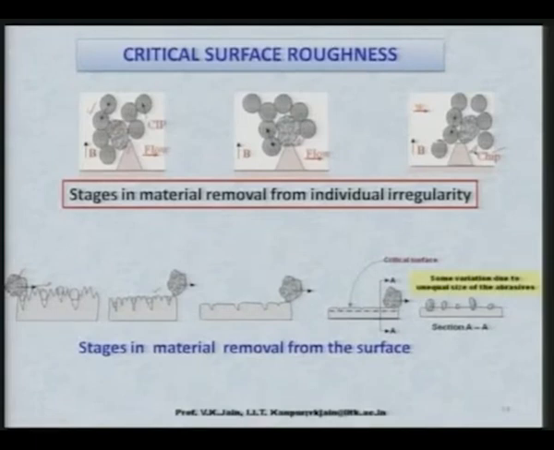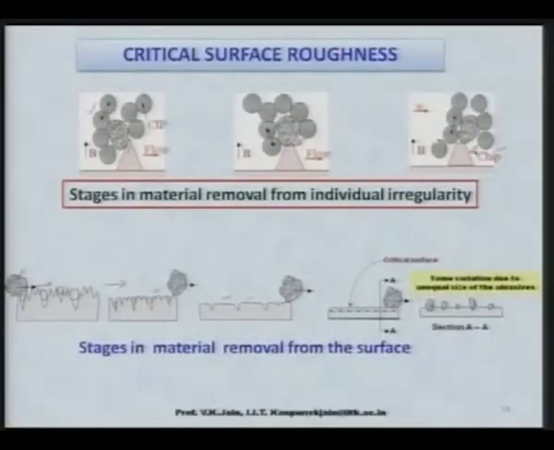Another abrasive particle comes behind this and also keeps shearing off the peaks, and finally you will get this kind of surface. After you attain this surface, the peaks have been reduced to the extent that the depth of penetration of the abrasive particle is larger than the depth of these peaks and valleys.